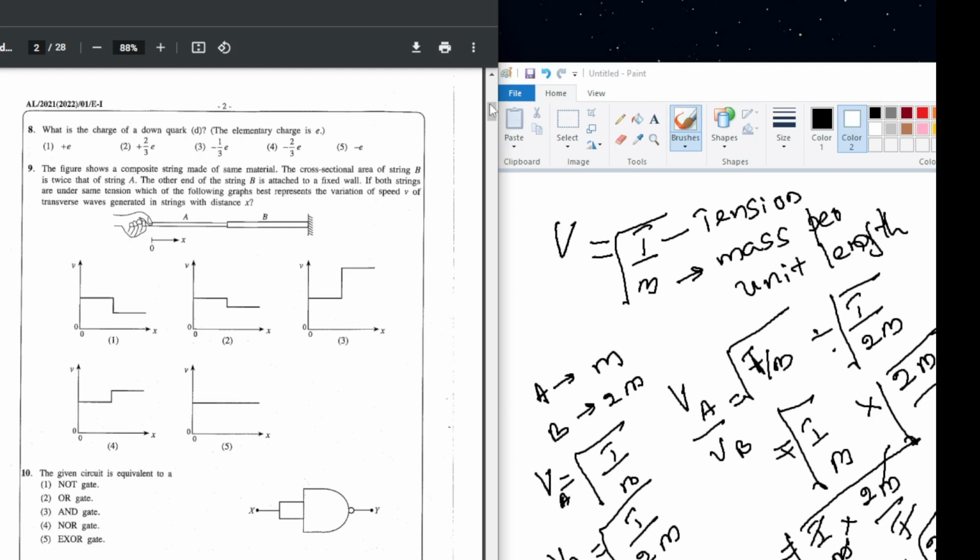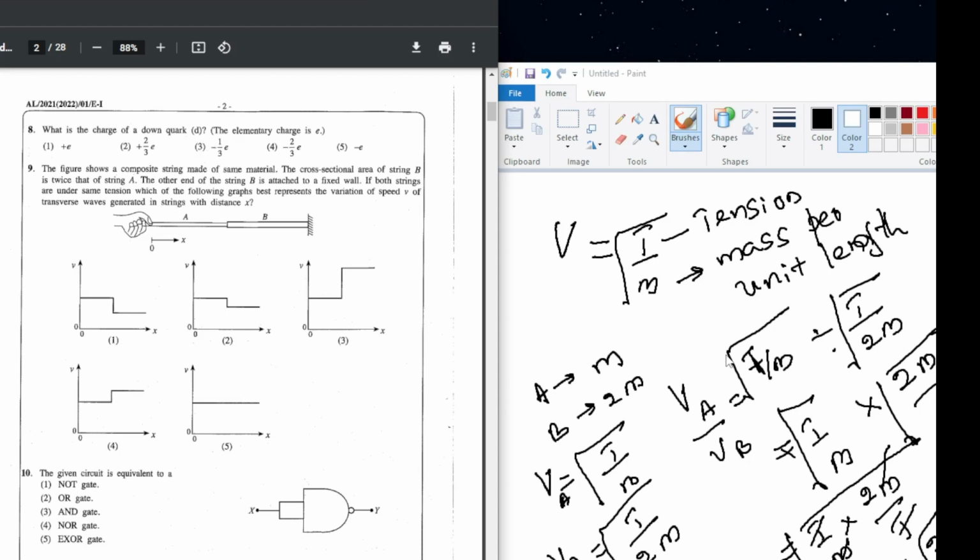In answers 1 and 2, VB is smaller than VA. This is for the A string, and this is for the B string. VB is smaller than VA, but here VB is 0.7 times of A, not half.